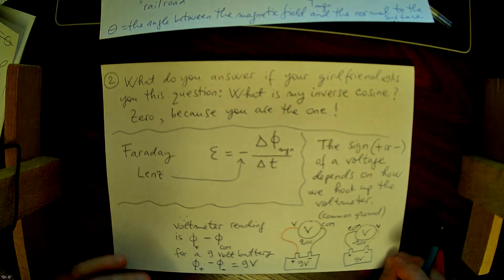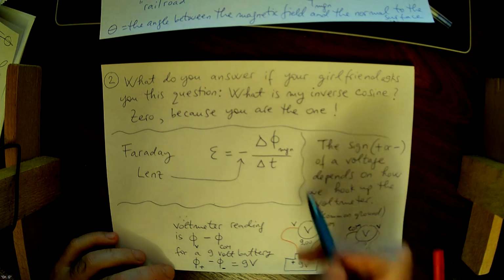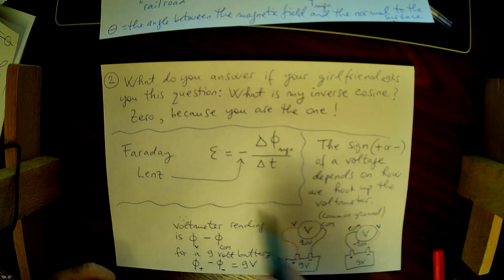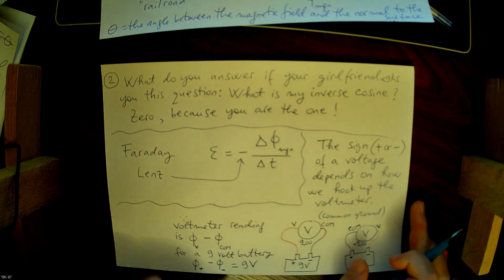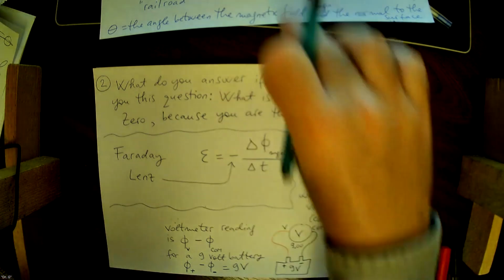So we have to look at how the magnetic flux changes in time. That will give us the EMF. We only care about the absolute value of the EMF because the sign will depend on how we hook up the voltmeter. And by the way, where do we hook up the voltmeter?